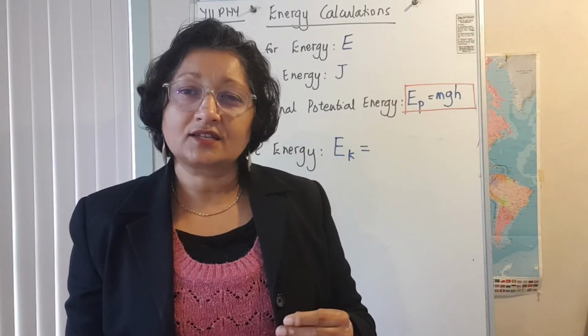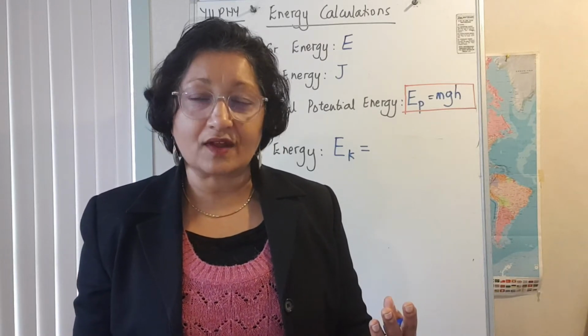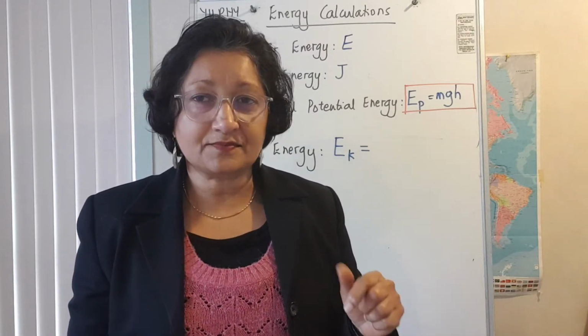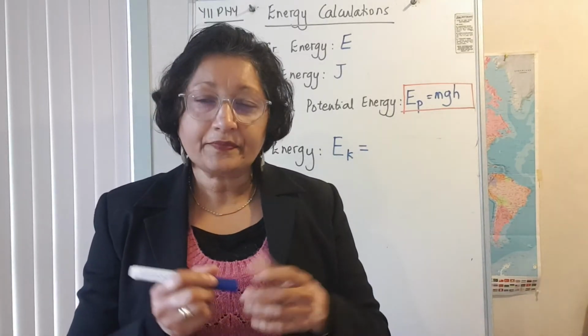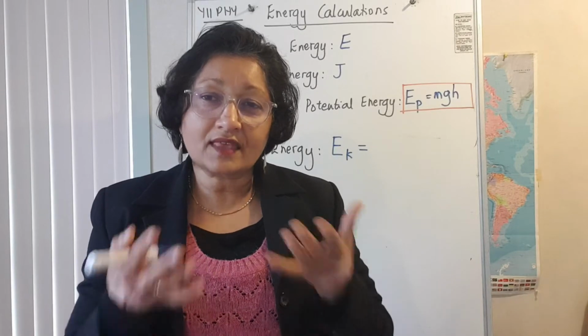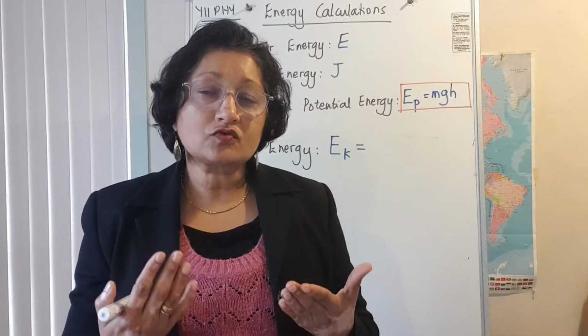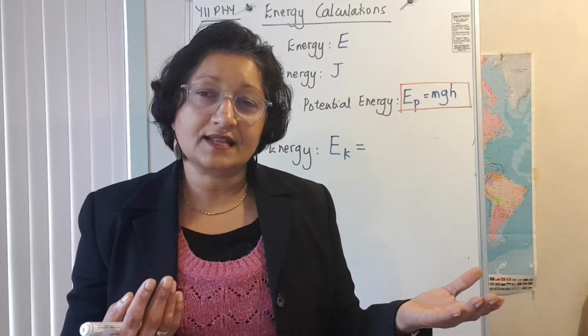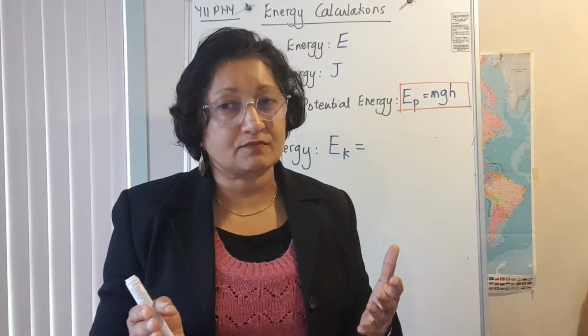So the kinetic energy has to do with movement, and the movement has to do with speed, right? And the letter for speed is v. So there's v involved in the formula, but things have to move, right? And everything's got mass. So the two things that kinetic energy depends on are the mass of the object and how fast it is moving.